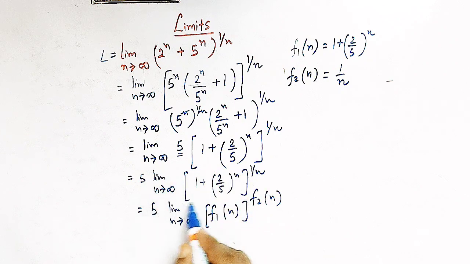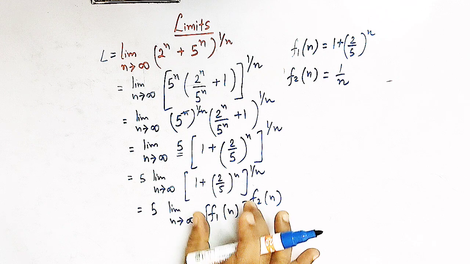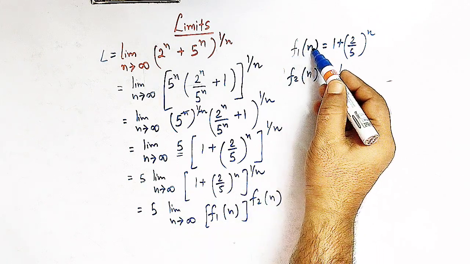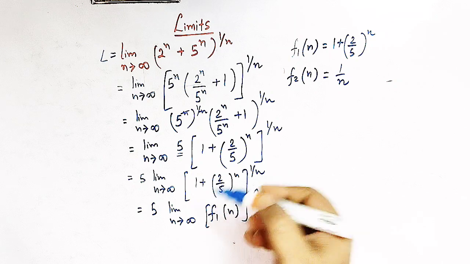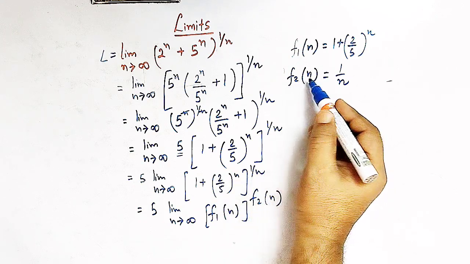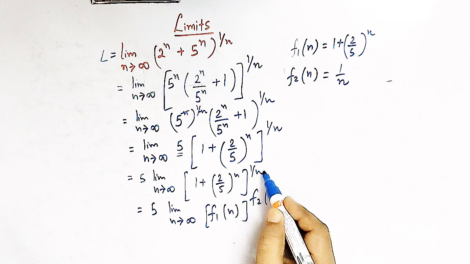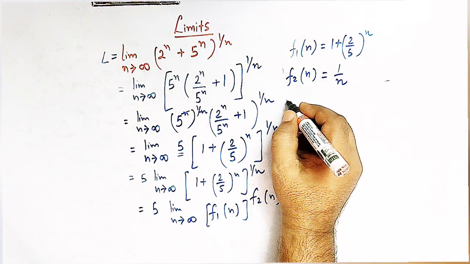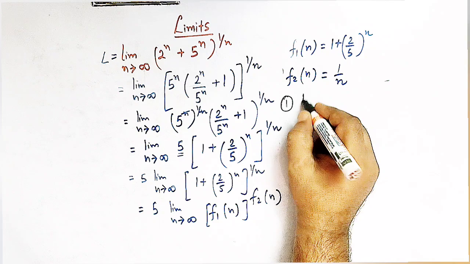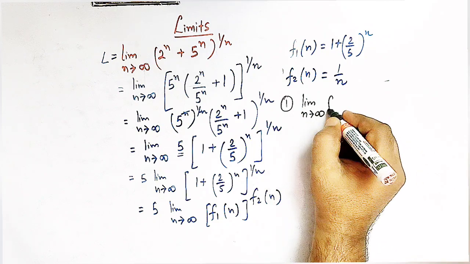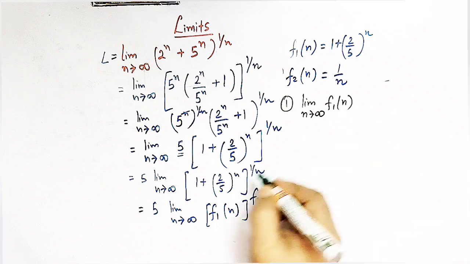Whenever we come across these kind of limits, we first take this function as f1(n). The variable may be n or x, and the second function, that is the exponent, may be treated as f2(n). So now let us find out the limit of f1(n).